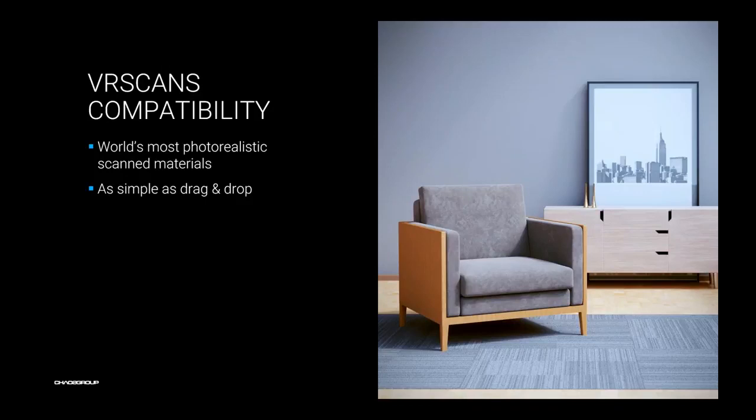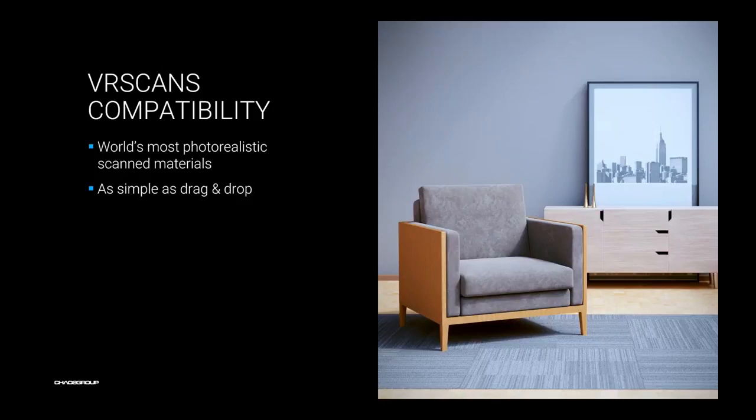This will guarantee that the material will behave like it should under all kinds of lighting conditions. And the best part is that they're super easy to use. Just drag and drop. All materials are seamlessly tileable, and our current library contains over 650 scanned materials. They are available for download on our website.